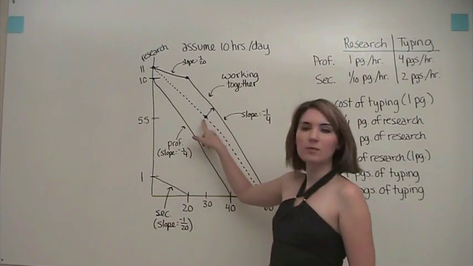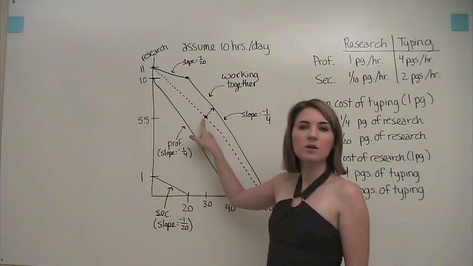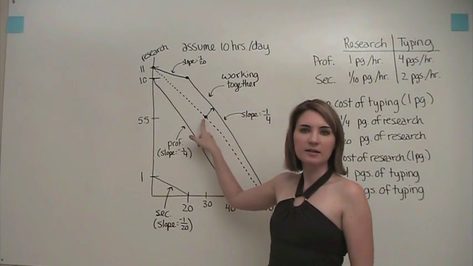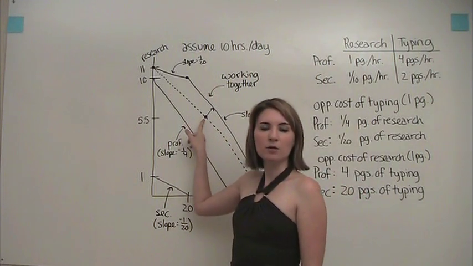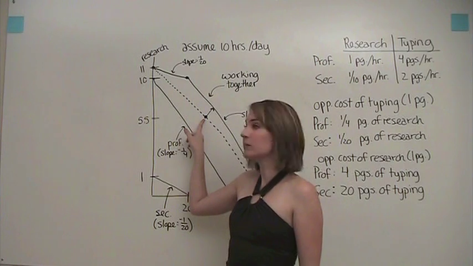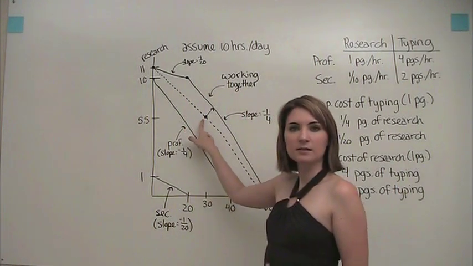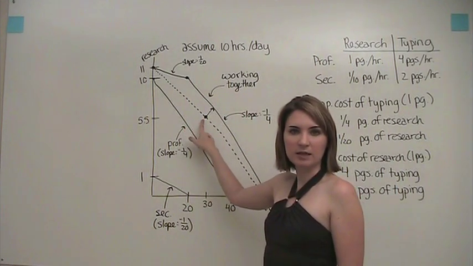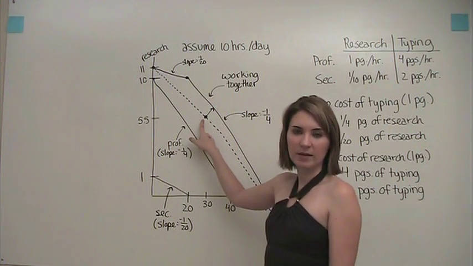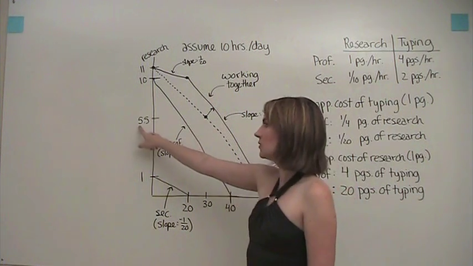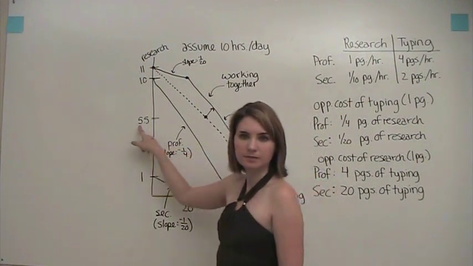The point that I labeled here is the point at which both the professor and the secretary spend half of their time on each activity. Since they're spending half of their time, or 5 hours, on each activity, the professor gets 5 pages of research done, and the secretary gets 1/2 of a page of research done, for a total of 5.5 pages of research.